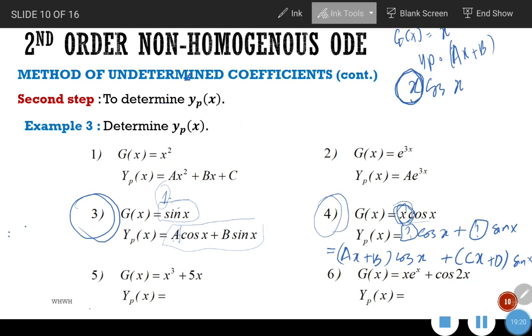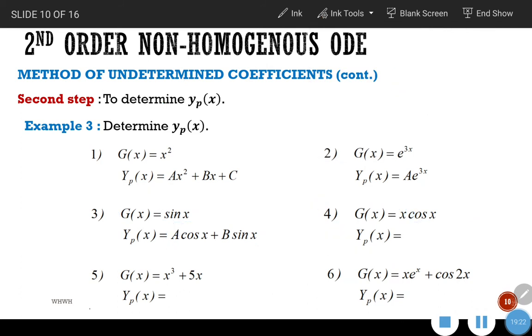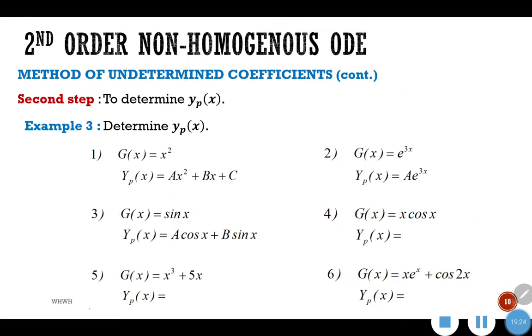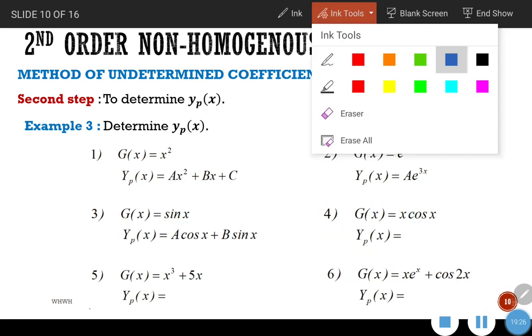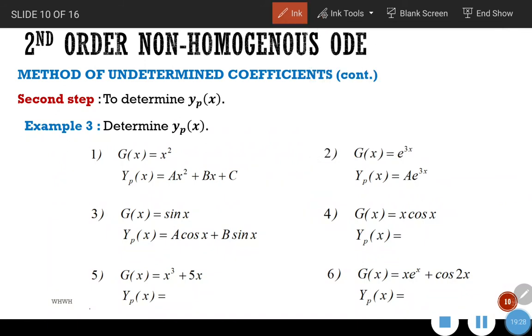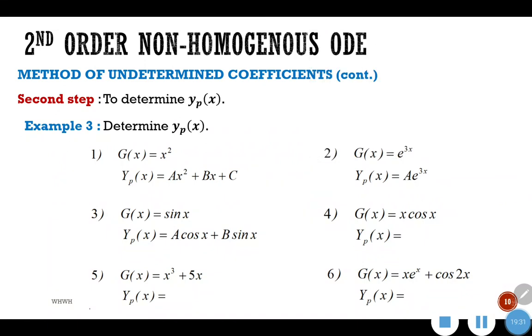Okay, now let's have a look at number 6. Number 6 is a bit special. Here your gx is equal to x e to the power of x cos 2x. There are two terms here and I want to verify with you: do we have the same category for the first term and the second term? No, right?